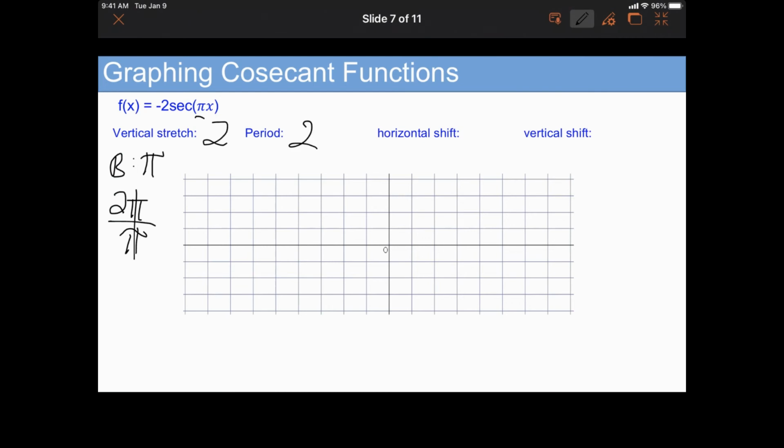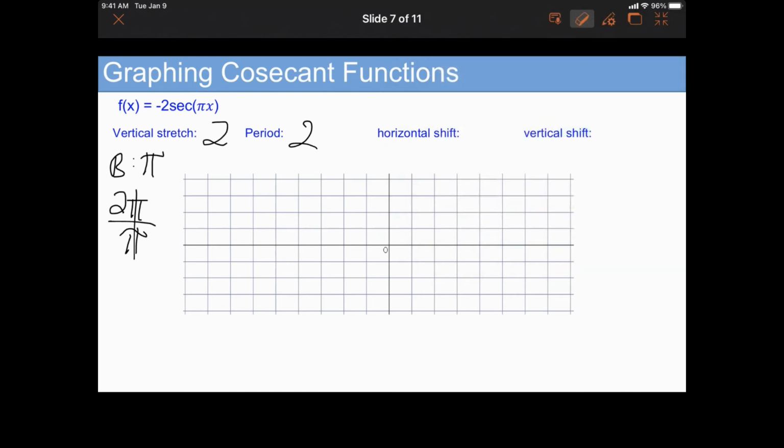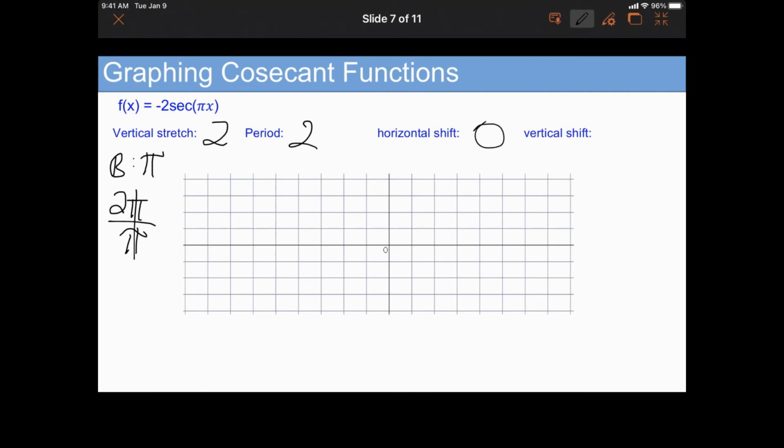So there's no pi. All right, so sorry, it looks like it's like a negative. It's not. Vertical stretch is not a negative, but there is a reflection. Okay, so horizontal shift is 0 and the vertical shift is 0. Okay, I'm going to circle that so I remember that.